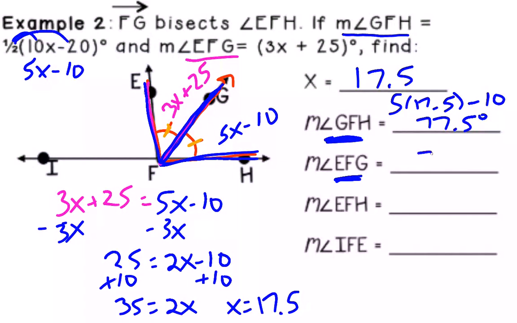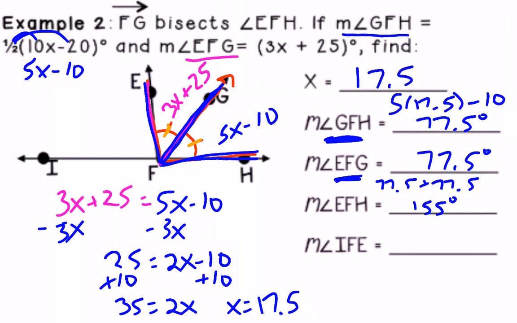So I'm going to save myself some work and just put 77.5 degrees. EFH is the whole thing, so I can just do 77.5 plus 77.5, or a shorter way, 77.5 times 2. Either way, more than one way to skin a cat.